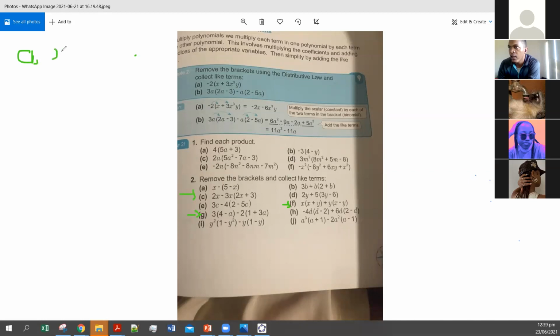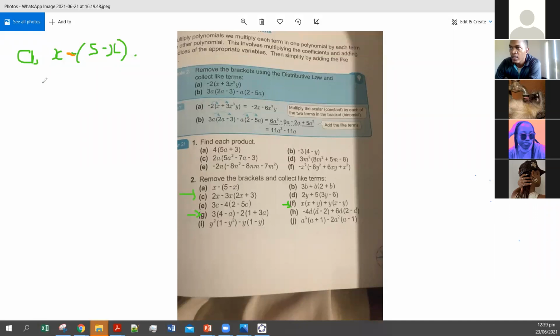A, we have X minus bracket 5 minus X. So the first thing you need to note, Victoria, is that this negative here means there's a -1 in front of the bracket, okay?